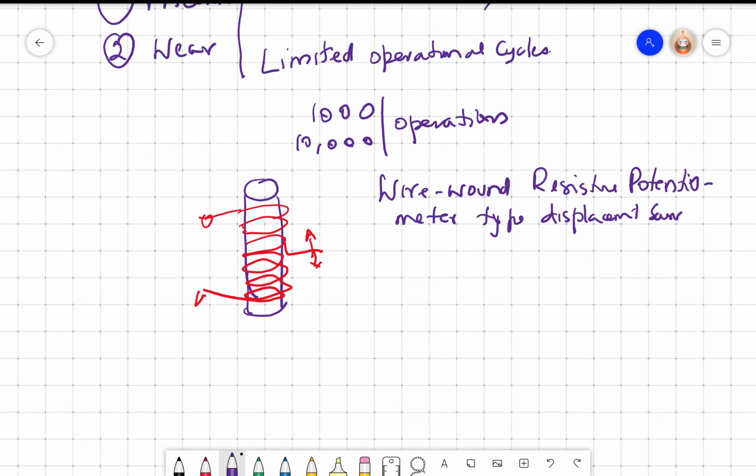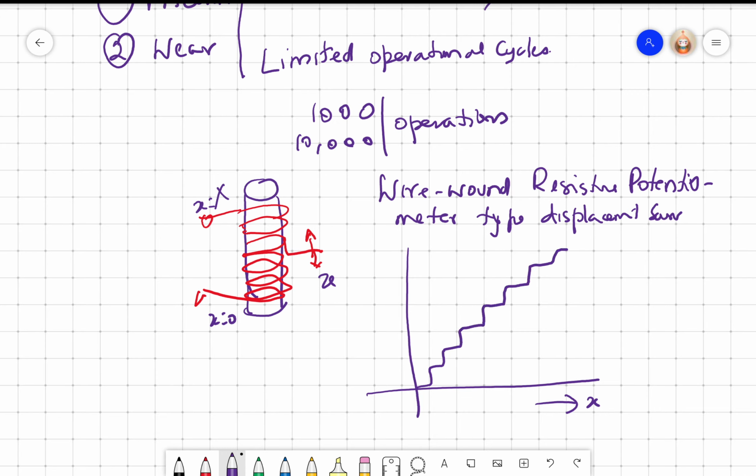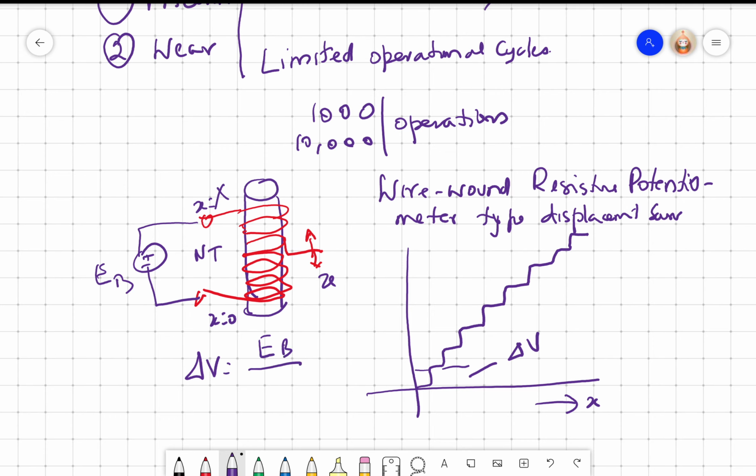So if I look at the input-output characteristics of the transducer, this is X, and let's say this is X equal to 0, this is X equal to capital X, full scale, right? And if I start moving X, I will get characteristics which is not continuous, which is steps. So if I have totally NT turns, and I put the battery voltage here, EB, this is delta V, where delta V will be EB by NT.